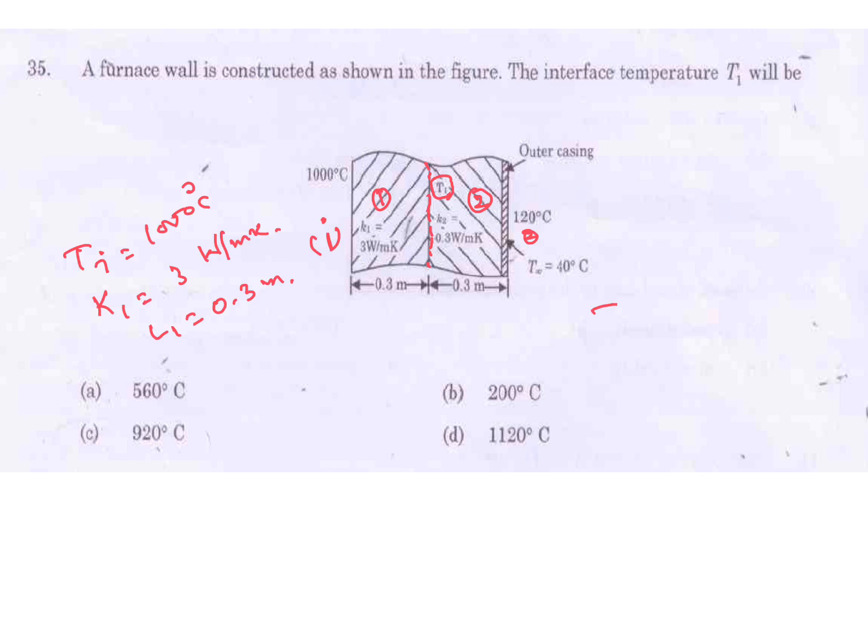This side, T outside is 120 degrees Celsius, this is T infinity. K2 is 0.3 watt per meter Kelvin. L2 is 0.3 meter. Q by A, the heat transfer rate, is the same everywhere.